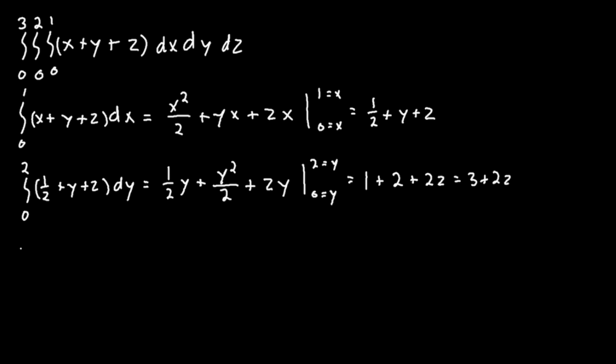So now we have the last function. And with the last integral, our bounds from 0 to 3, we have the function we found down here. Let's underline these to make it clear what I'm looking at.